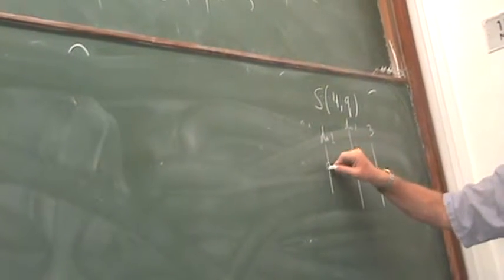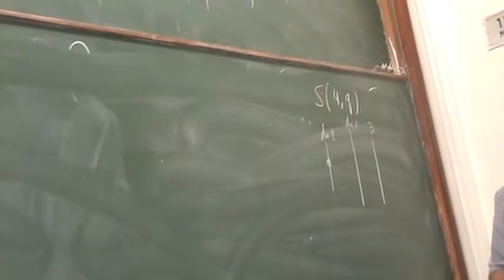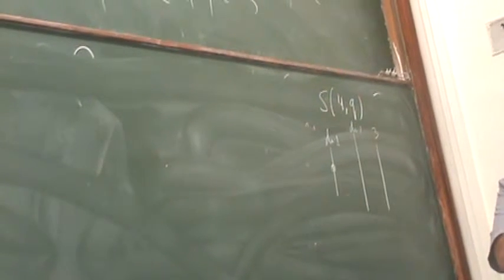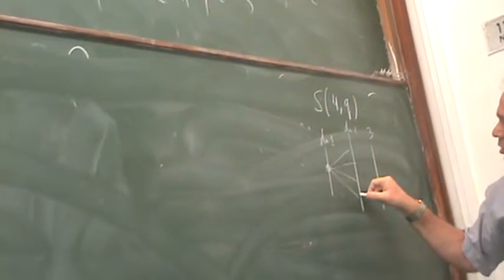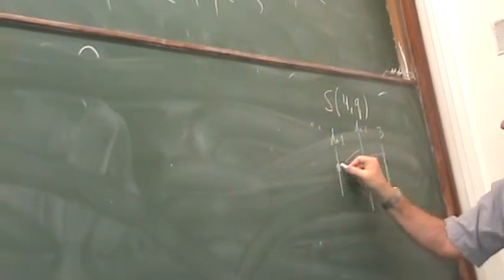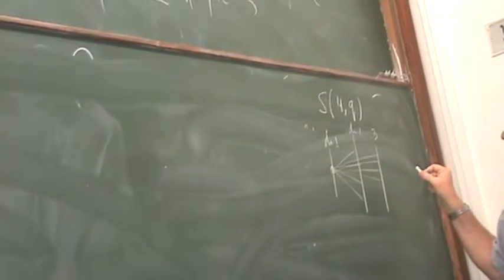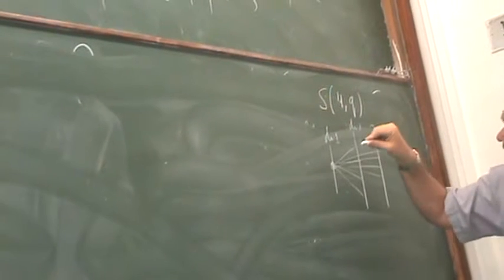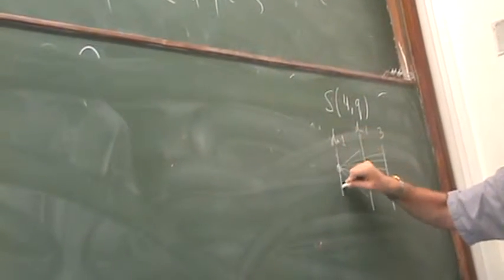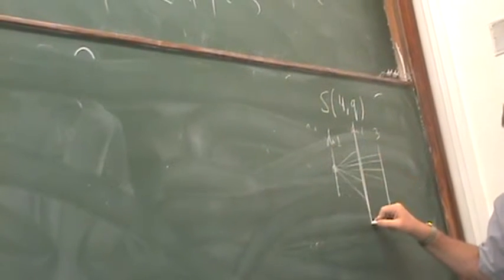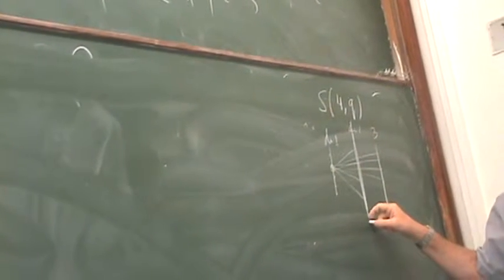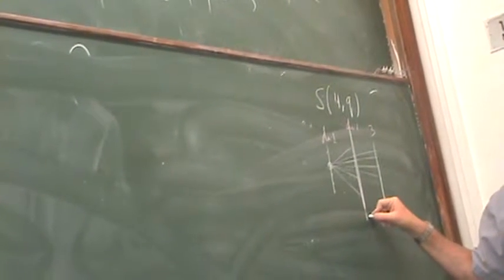So if you take a vertex here and you ask yourself, what's the degree of it as a vertex? Then this is the number of things going up as well as the number of things going down. And we saw that this is the same for each one of dimension 1. It's actually the same for each one of dimension 3 also, but it's a different one for dimension 2.